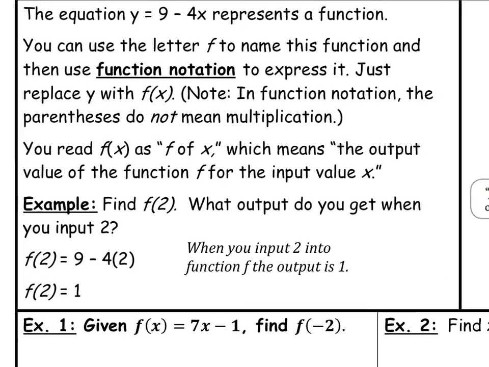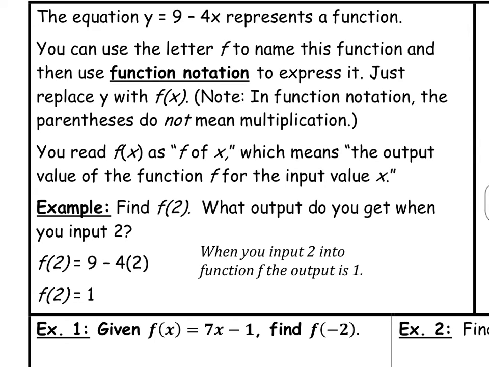So let's go back over here to our definition. You read f of x as f of x, which means the output value of the function f for the input value x. It's just substitution.